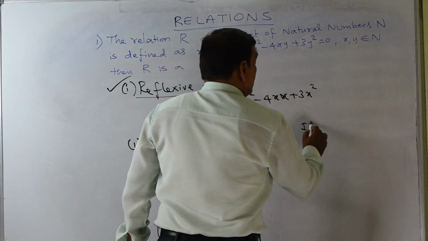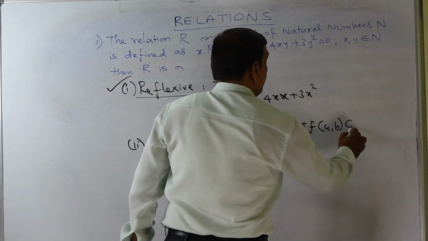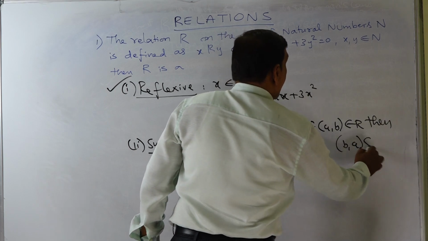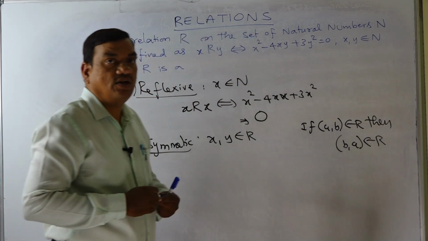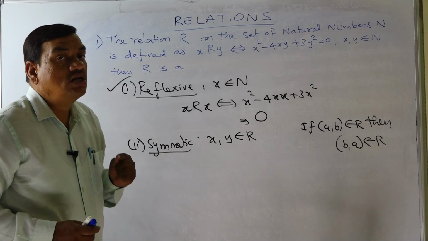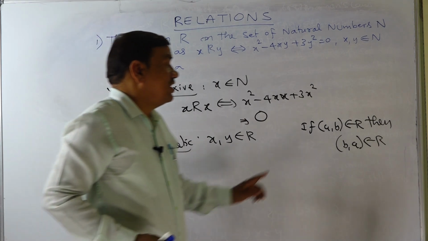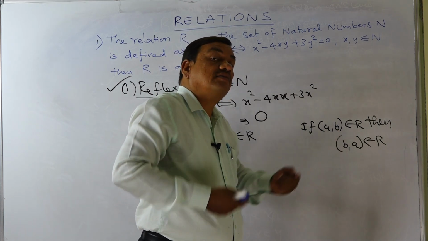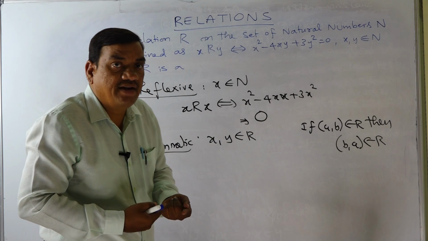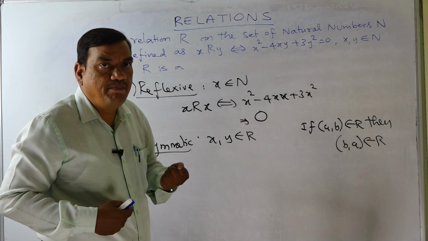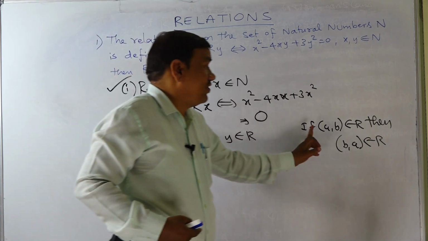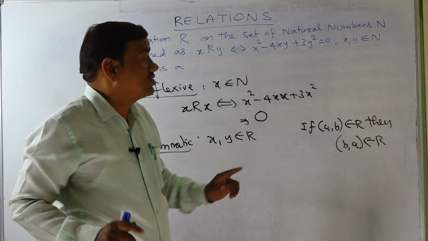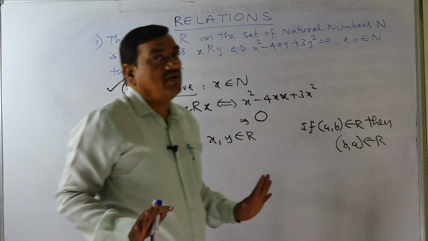If (a, b) belongs to R, then (b, a) also should belong to R. That means however a is related to b, the same relation should be maintained from b to a also. Understand? If A loves B, then B also should love A. Then we call it a symmetric relation.